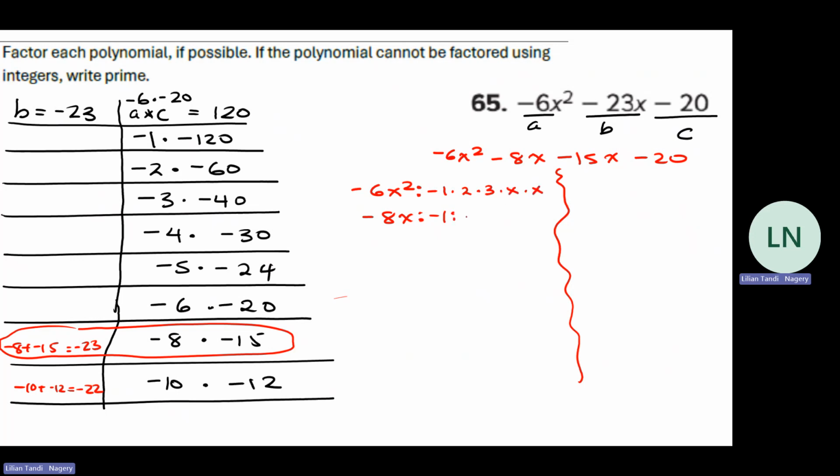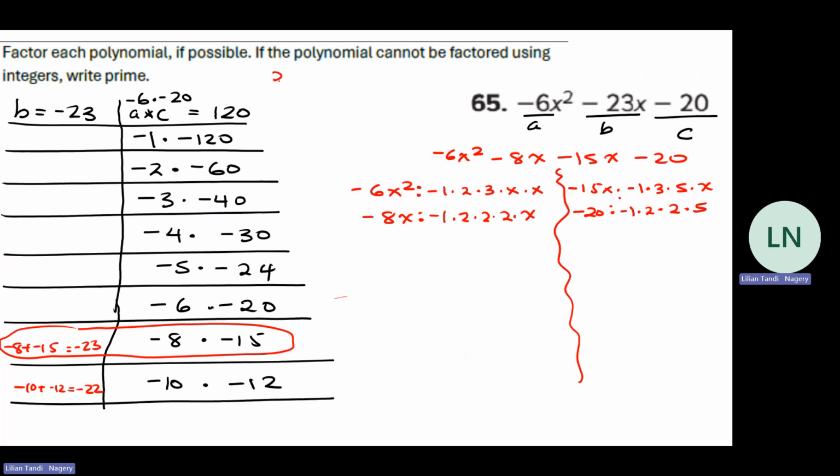This becomes negative 1 times 2 times 2 times 2 times x. Negative 15x minus 20: negative 1 times 3 times 5 times x, and negative 1 times 2 times 2 times 5.